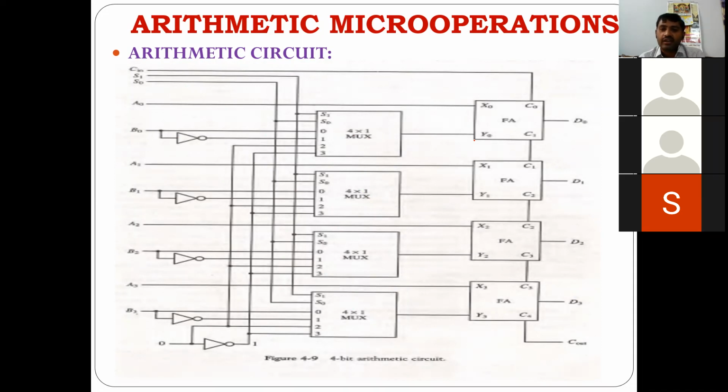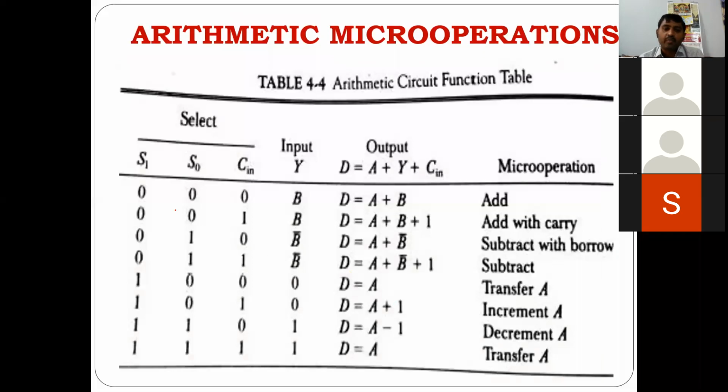For the full adder, one input is coming from the multiplexer, that is in terms of B, and the other one, A0, A1, A2, A3, is directly coming to the full adder, right? So based on the operation, S1 S0 is 0 0 and carry in 0 and input is B.